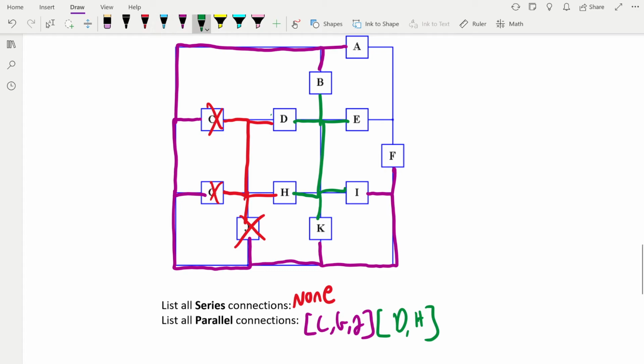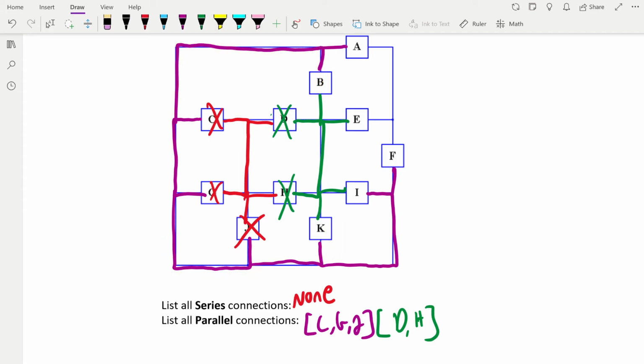And then I say, okay, well, let's cross those out. D and H are done. What about B, A, K, E, I, and F? Well, I noticed that here, B and K reach each other, right? They reach each other through this green connection, and they also reach each other through this purple connection without crossing any of the elements.